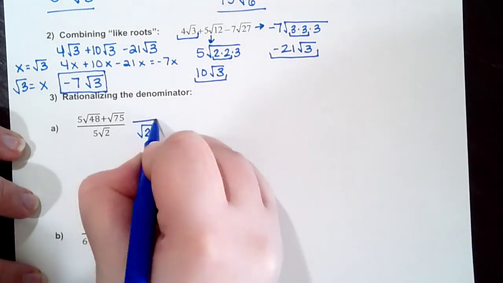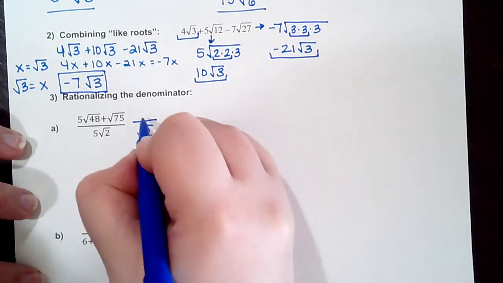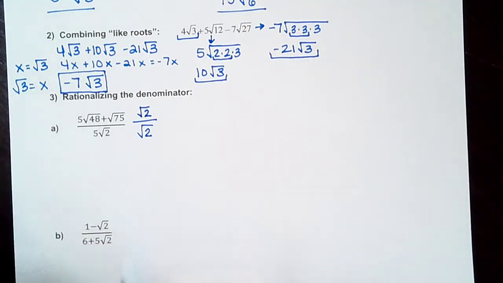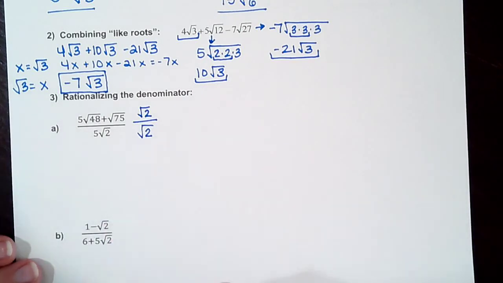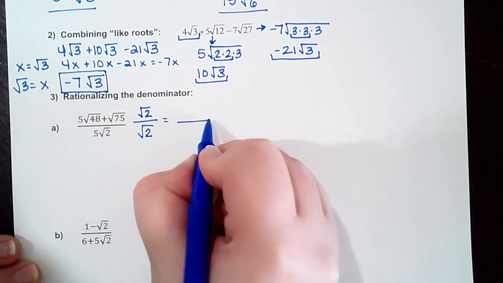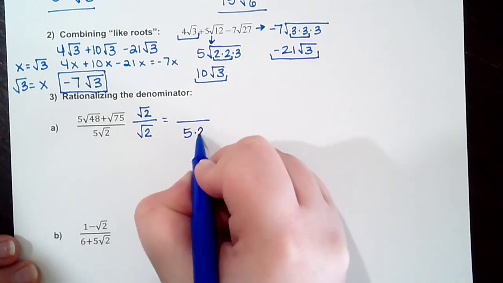But if it's a square root, it's really nice because we just multiply by that specific square root. What that does is now gives us the square root of 2 times 2, which is the square root of 4, aka these square roots cancel out, and I'm left with just 2. So on the bottom, I have 5 times 2.